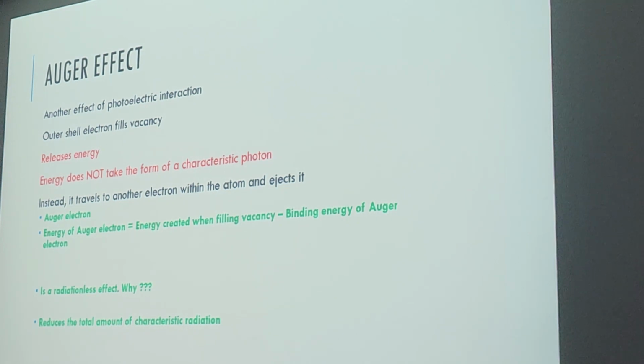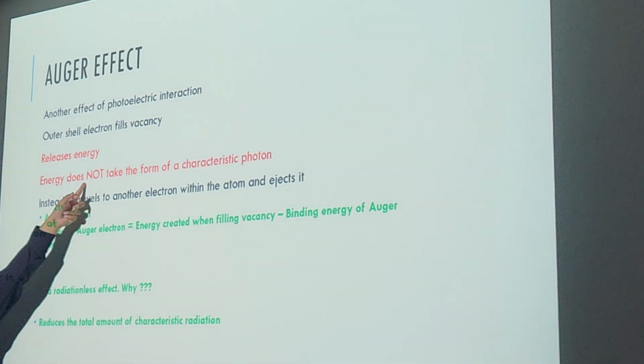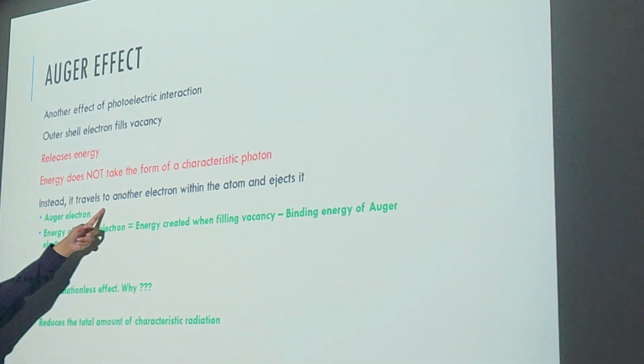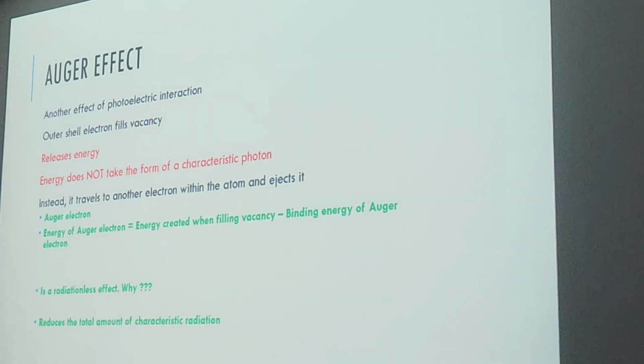So once the outer shell fills the vacancy, it releases energy, but it's not in the form of a photon. The energy travels to another electron within the atom and ejects it. So energy can exist in different forms; this one is not taking the form of a photon.